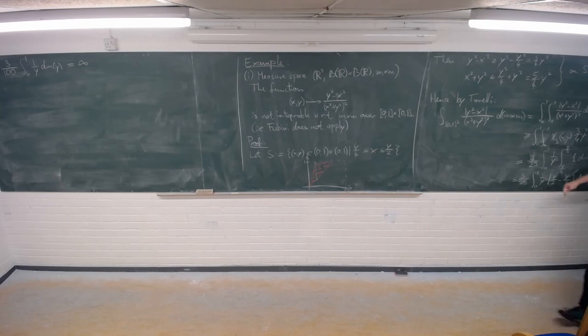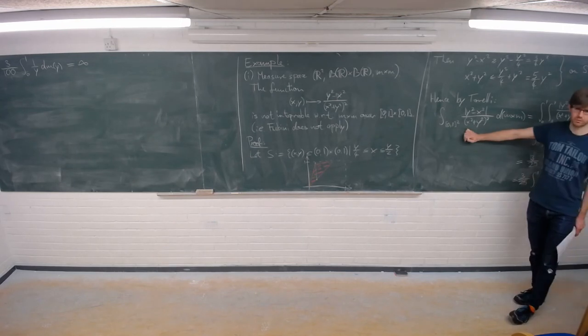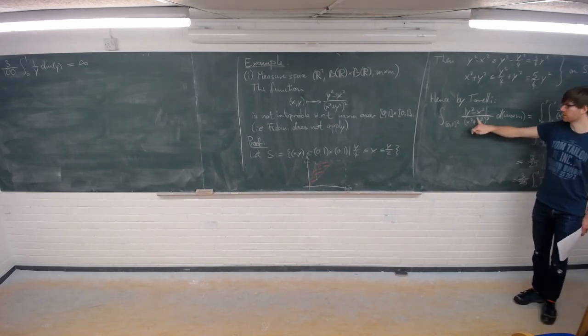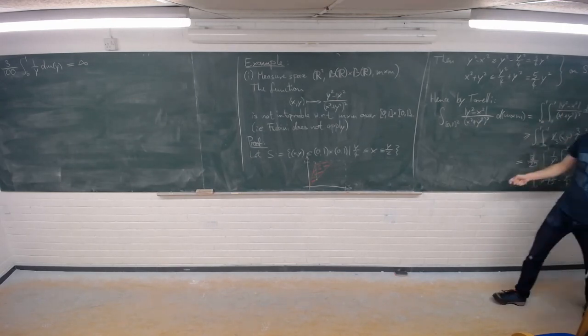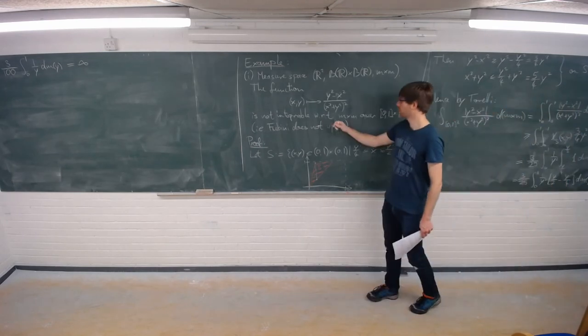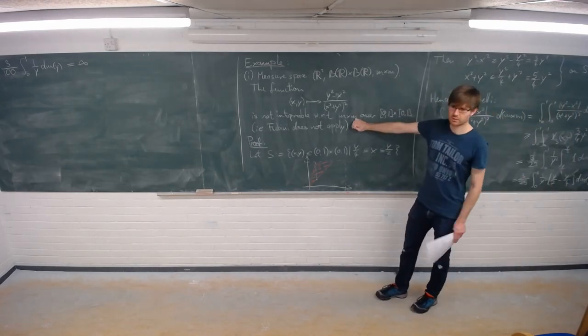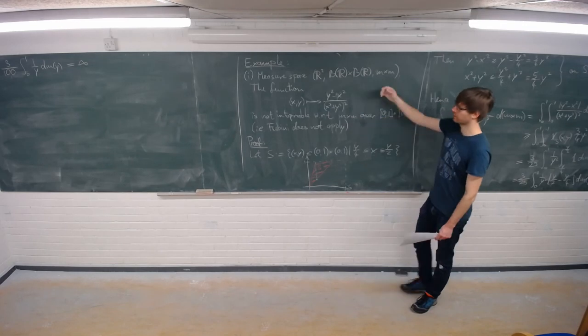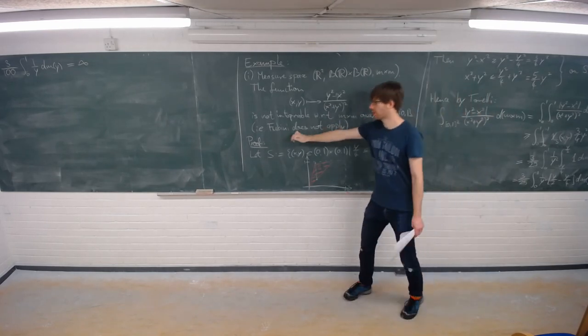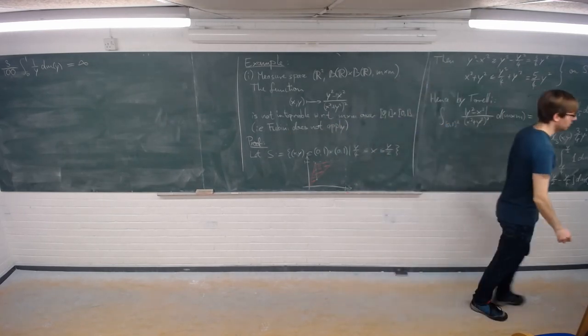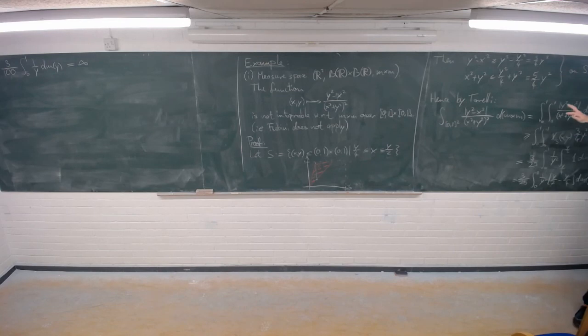So we've shown that the integral over the absolute value of this function is infinite, so the function is not integrable with respect to this product measure, as we claimed. And because it's not integrable with respect to the product measure, we cannot apply Fubini. So that's what goes wrong in this example.